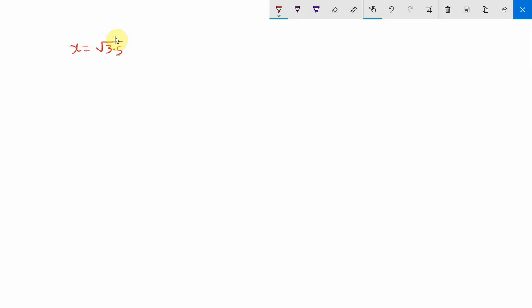So what we have to do is find root 3.5. So we will consider x equal to 3.5. Now we will make a line of length 3.5 unit; you may consider it in centimeter.